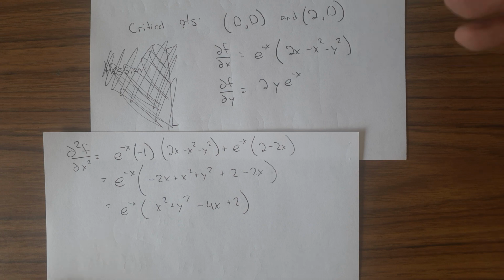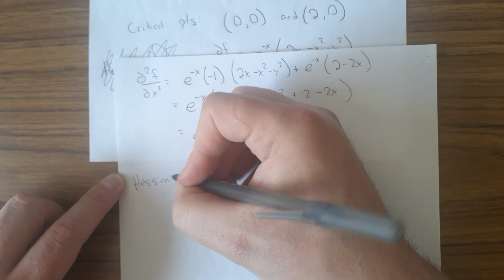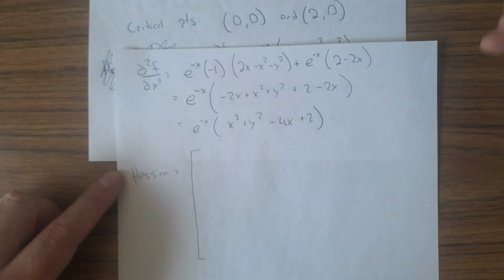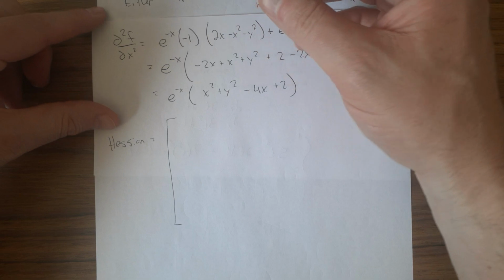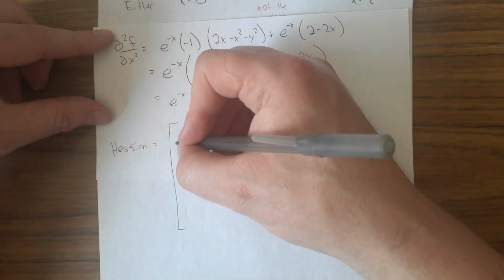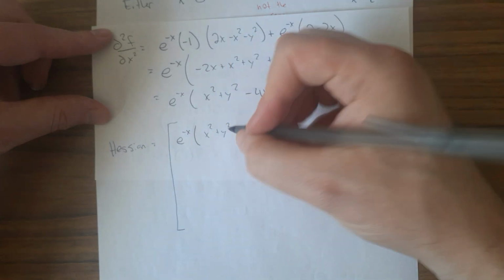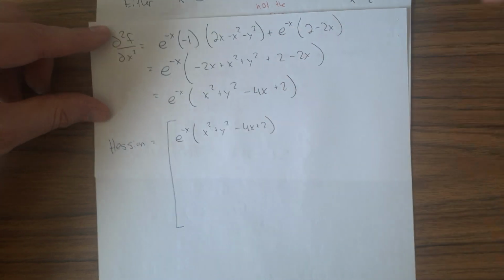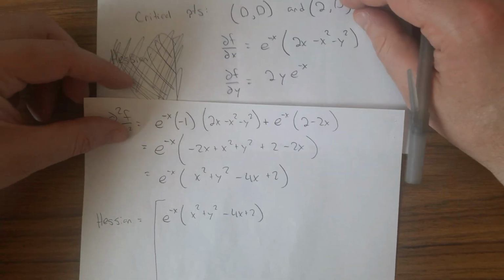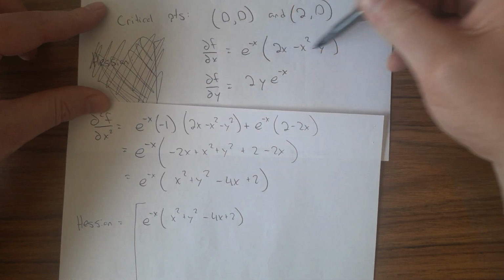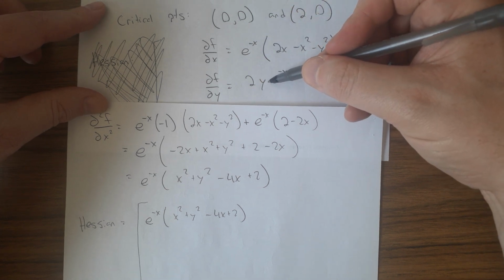Yeah, I think we're good. Let's do the Hessian now. I think all the other things that go in the Hessian are going to be easier. This one is the partial with respect to x, and then x again, that goes in the top left. What goes here is the mixed partial. I could look here and do the partial with respect to y, but I would rather look here and do the partial with respect to x.